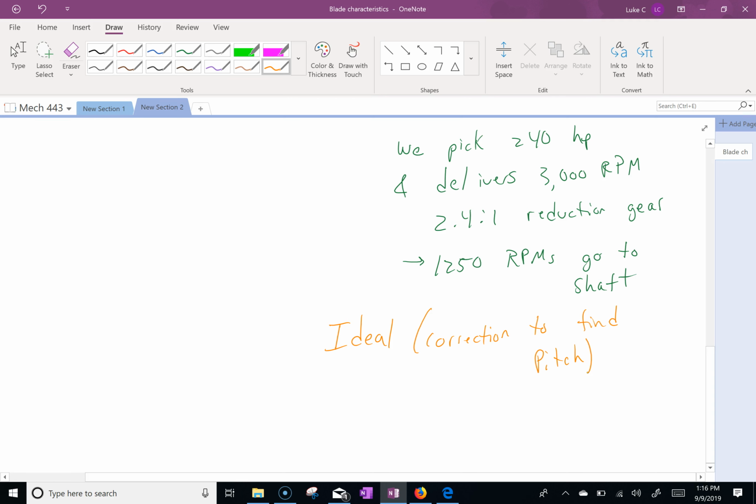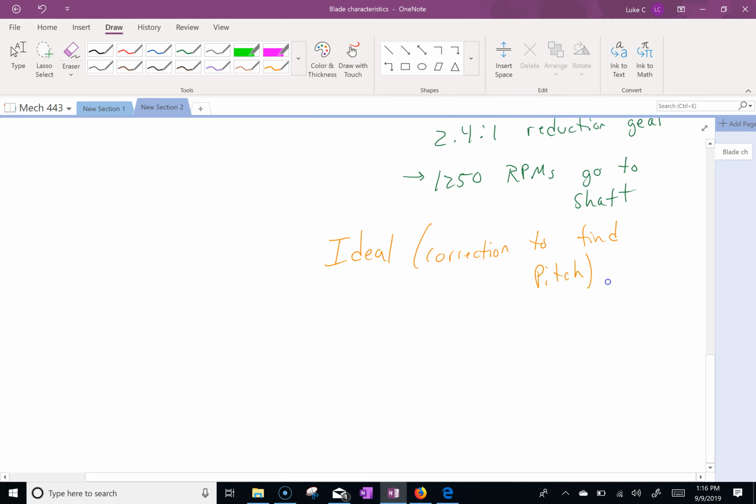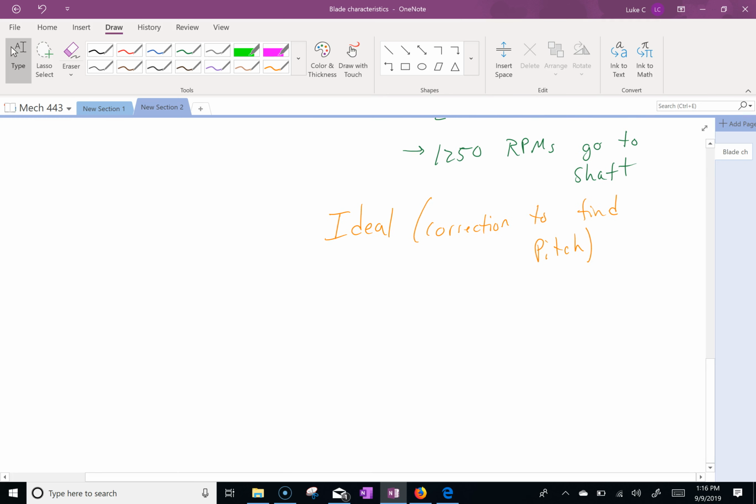So what we're going to do, that's fine for right now. We have to fix it. We can fix it later. Pitch equals basically the speed over the RPM.